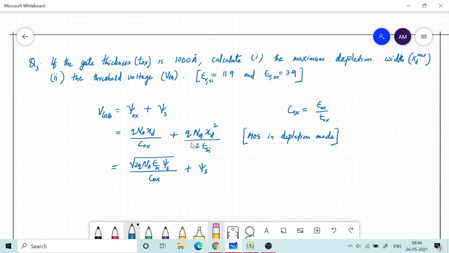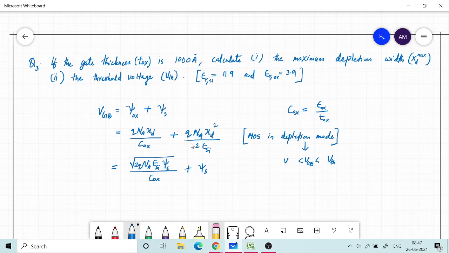Now again, this is applicable only in the depletion mode. Depletion mode means when the applied VGB is less than VTH, but if it is a diode with phi ms equal to 0, then it is 0 to VTH in that range.